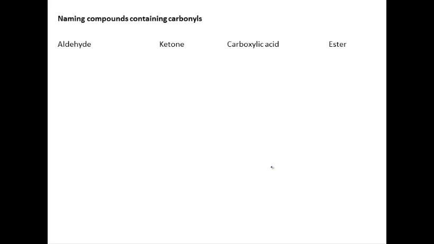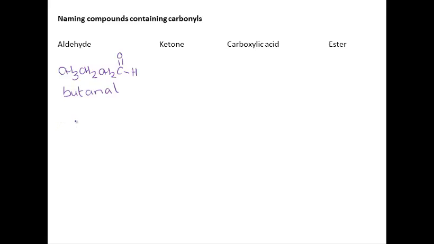So let's look at naming a few of these compounds. First we'll look at some simple aldehydes. Okay, so this is an aldehyde with 1, 2, 3, 4 carbons, so that's named as butanal.